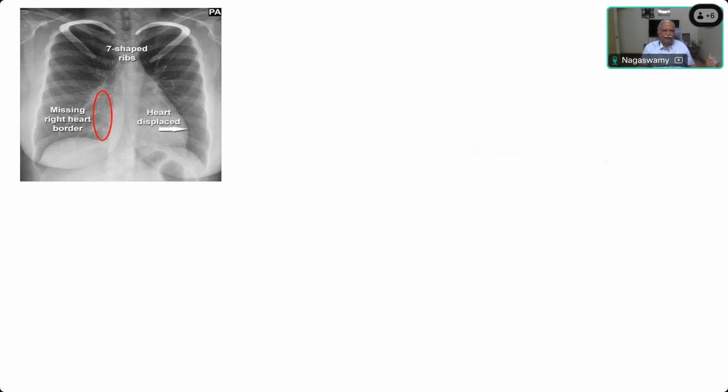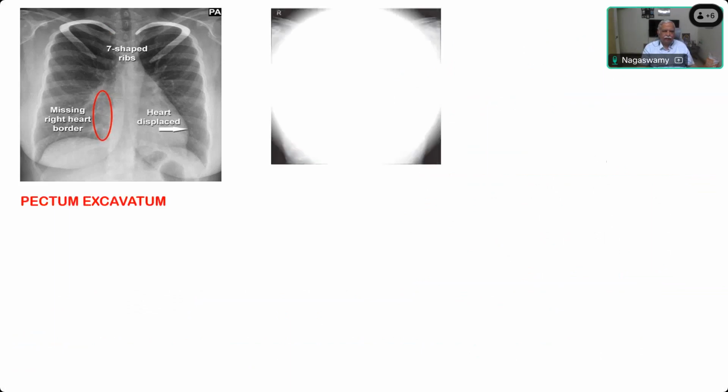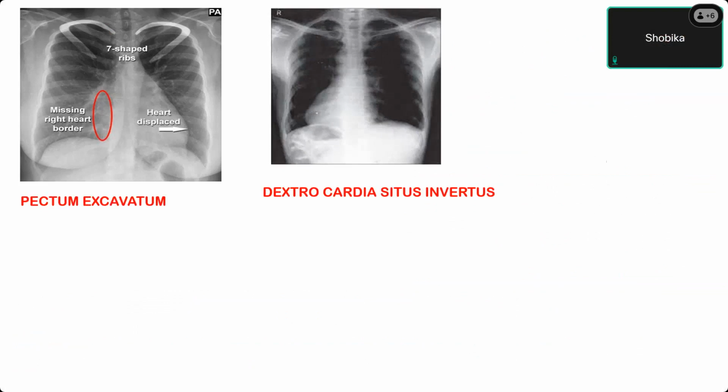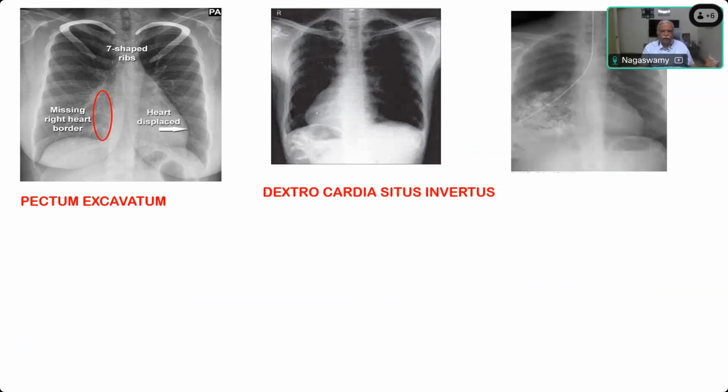Earlier I have shown that. So this is an X-ray of pectus excavatum. This is dextrocardia, situs inversus, very good. What is this?